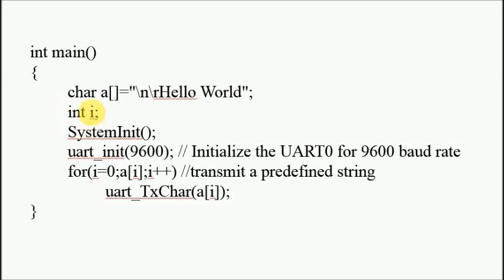Now I am declaring the integer i. First I am going to initialize the system, with whatever definitions are written in the header files. Then I am writing a small routine to initialize the baud rate, the required baud rate is 9600, and then I am going to transmit the data.